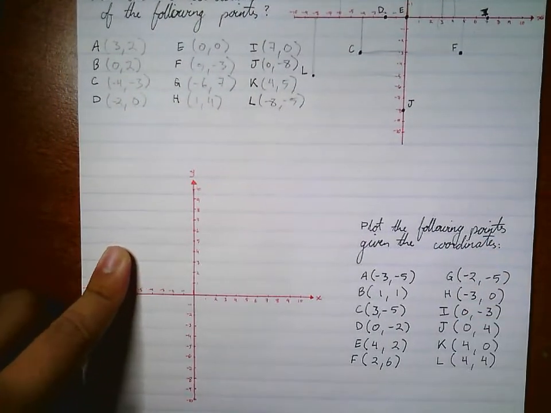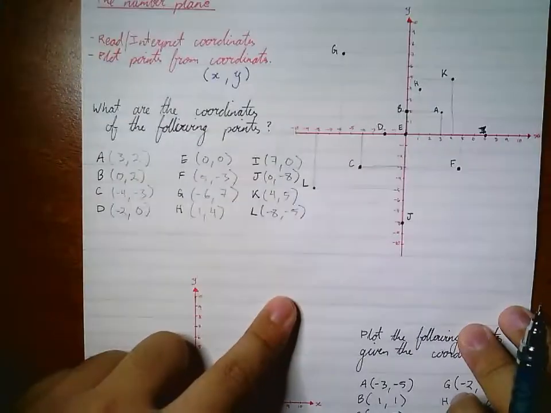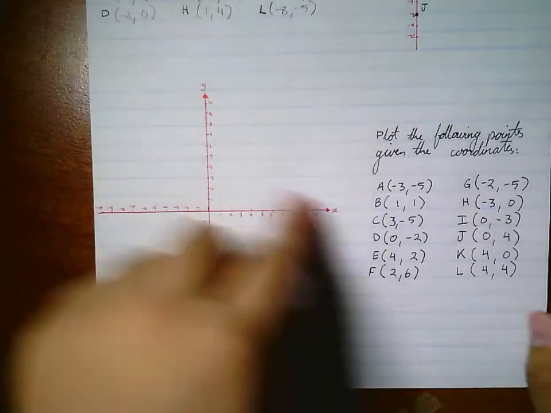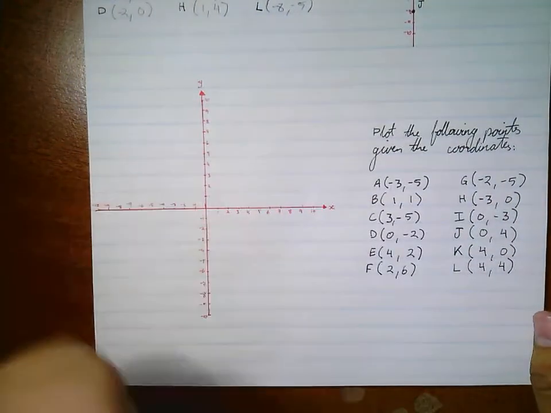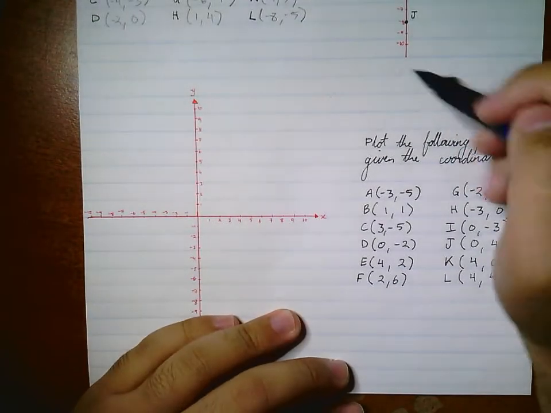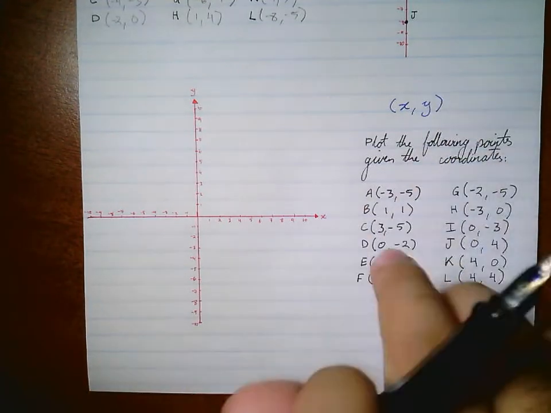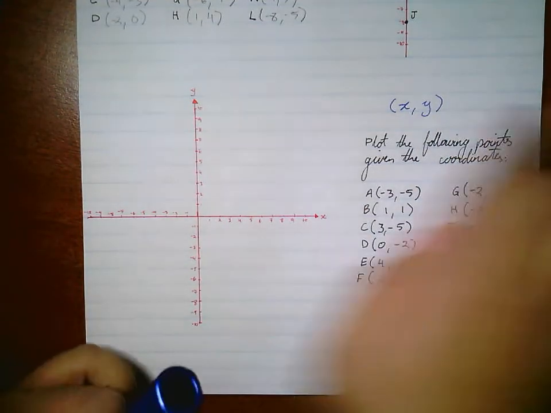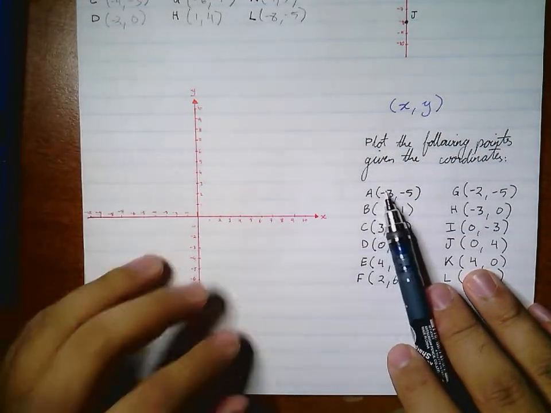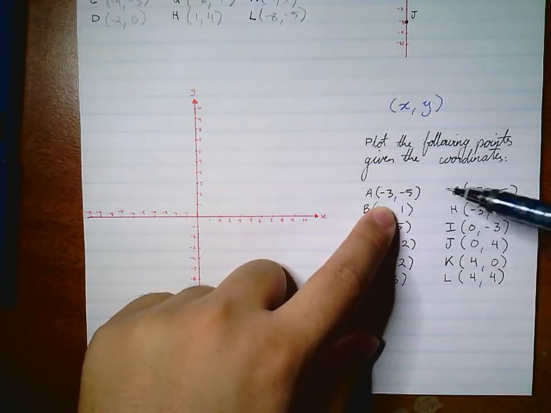So that is interpreting coordinates from the graph. Our next job is being able to take points and put them onto the graph. As a reminder, it is always x first and then the y, so left and right first and then up and down. So negative 3, negative 5. Let's read this number first.